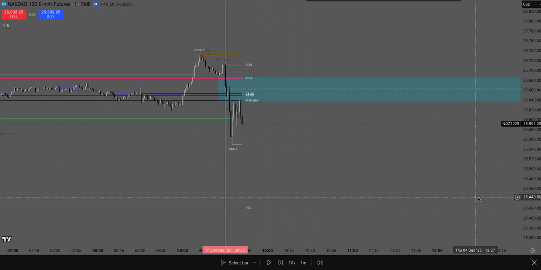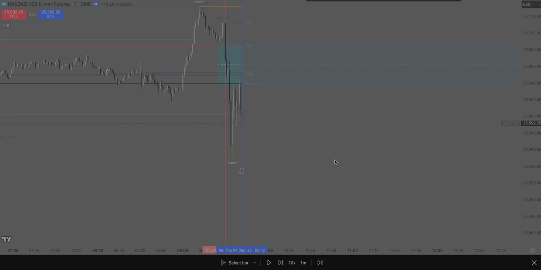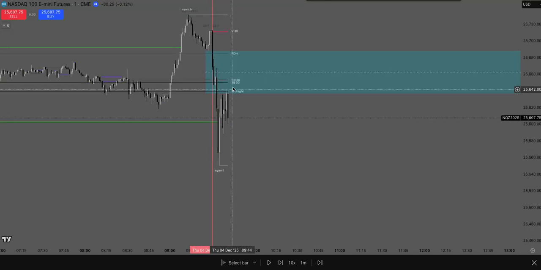Tap this. So look, there's no gap on this manipulation leg, right? So when we retrace into this 5-minute gap, there's no inverse. So we can't get an inverse fair value gap out. This is when you can use a CISD, which is a close below the sweeping move.